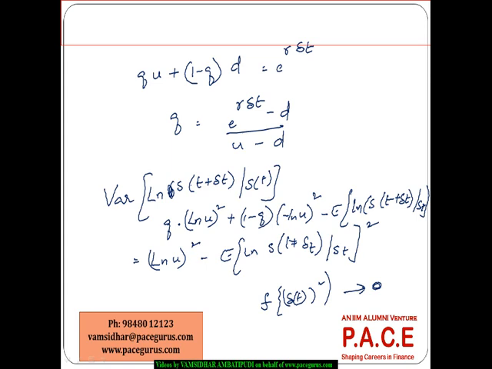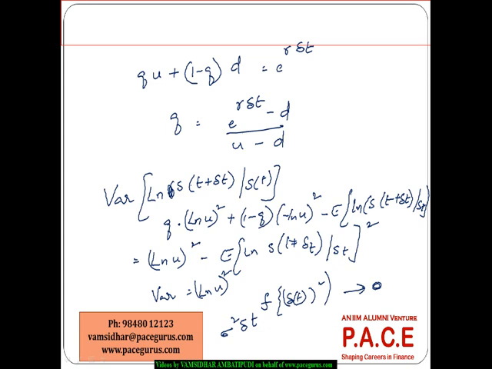So overall I can say the variance is nothing but log u squared, and this we can write as sigma squared times delta t.